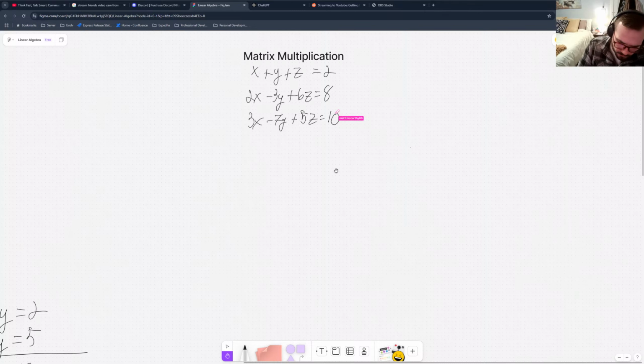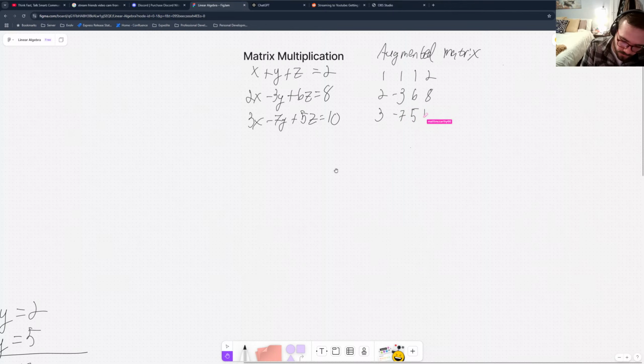And we said that we could write the augmented matrix for this, and that would be 1, 1, 1, 2, 2, negative 3, 6, 8, 3, negative 7, 5, 10.